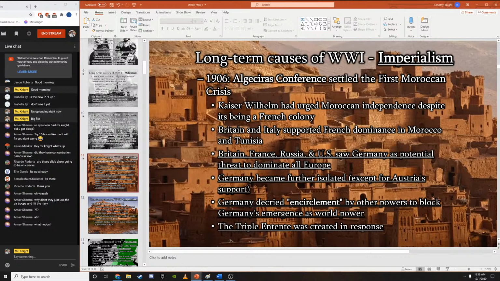Austria is Germany's only friend. It's like the friend in the neighborhood that just pushed everybody too far, and now they only have one person that they can go to hang out with because everybody else hates them. That was Germany. And their only other friend was Austria at this time.